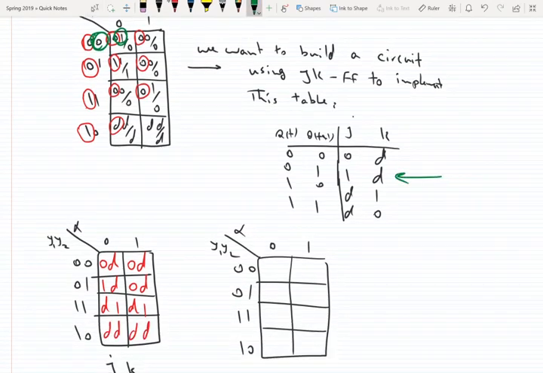It is 1D. Very good. The first row, second column, 0 to 0: 0D. Second row, first column, 1 to 1: D0. Very good. Second row, second column, 1 to 0: D1.